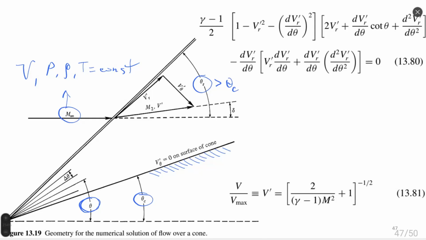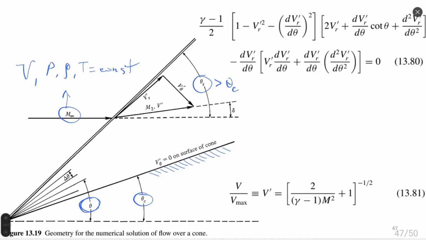This is section 13.6.3. 5 steps on how to take the initial value of the angle of the shock wave, how to provide integration of equations, and how to check if the solution satisfies the physical condition. I mean, physical condition means that velocity coincides with the direction of the body.